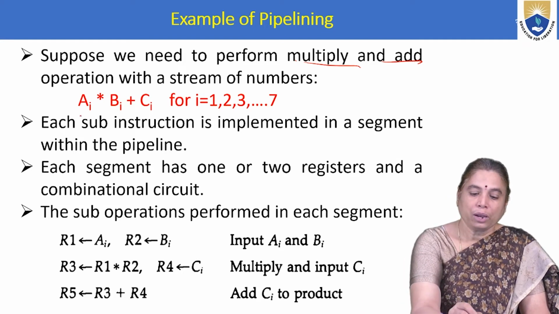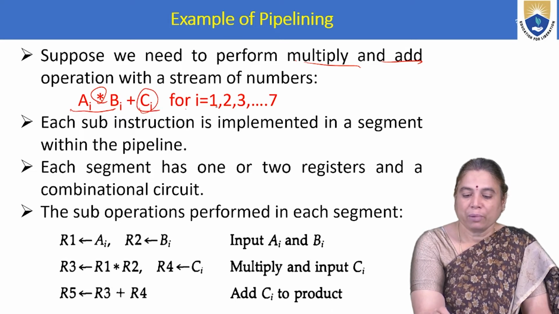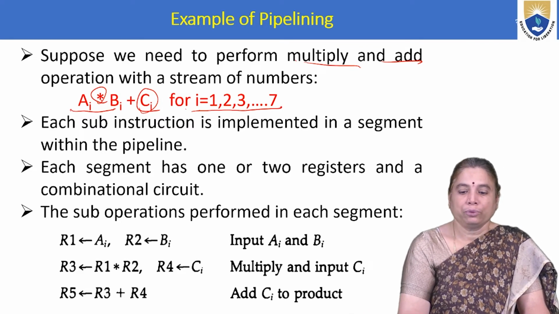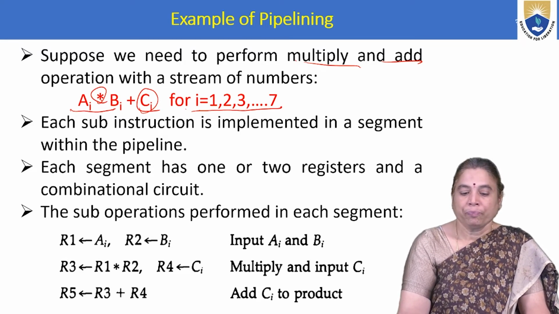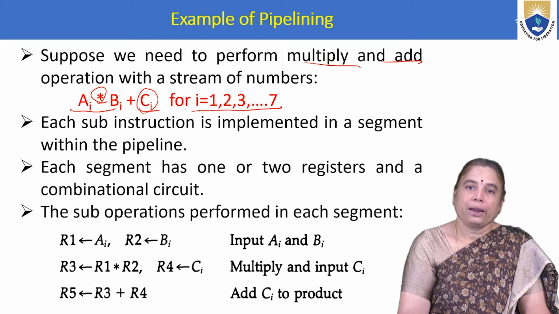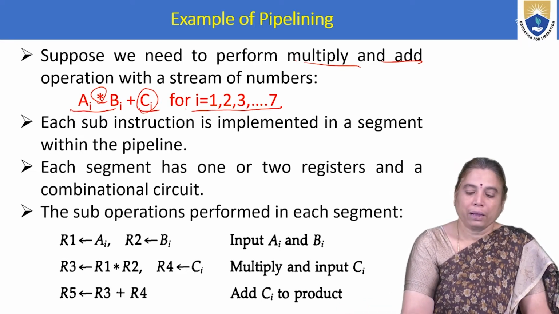For example, Ai times Bi plus Ci for a stream of numbers 1 to 7. The i value can be 1, 2, 3, up to 7. So how can this be achieved with the pipeline process? So here the big computational task can be divided into segments in the pipelining concept. So each sub-instruction is implemented in a segment within the pipeline.